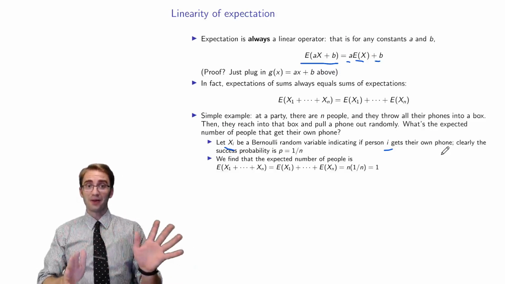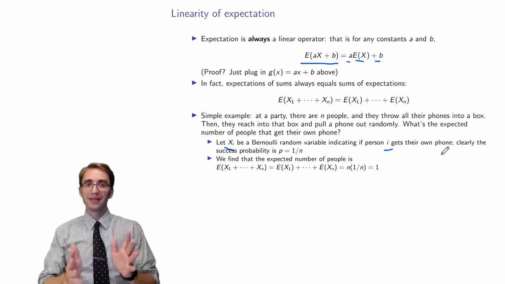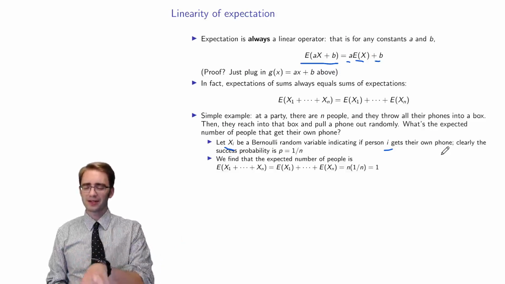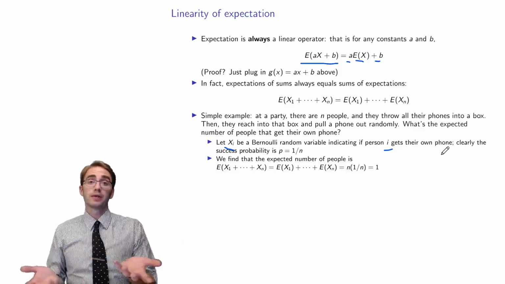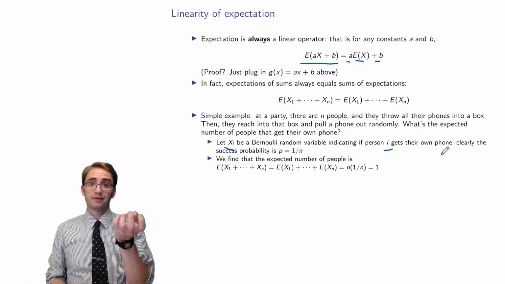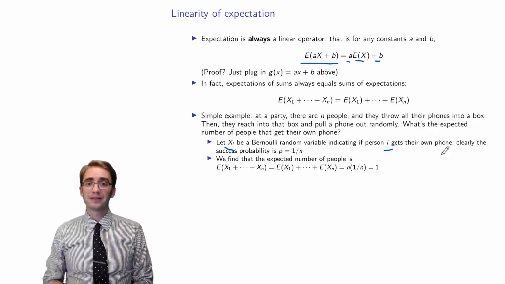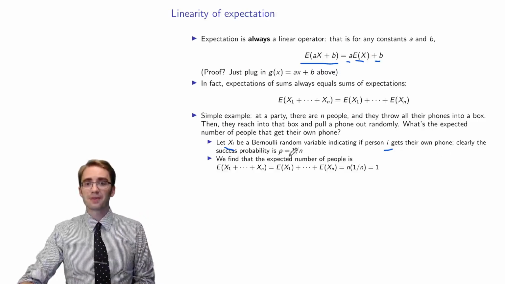We're going to pretend we don't know that information, which we wouldn't. So we'll just say, absent any other information, what is the probability that I will reach into this box and pull out my own phone? Well, it's 1 on n, right? Because I'm pulling out a phone, and there's n of them. And so there's a 1 in n probability that I will take out the one that belongs to me. So each person has a probability of 1 on n of getting their own phone.